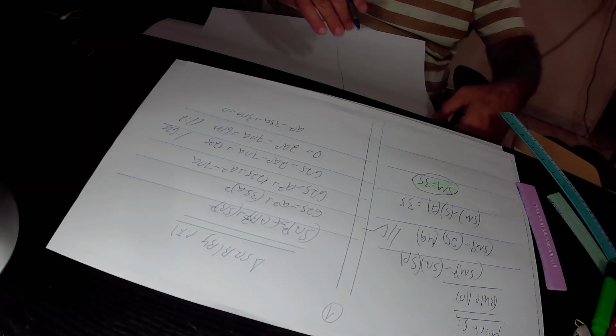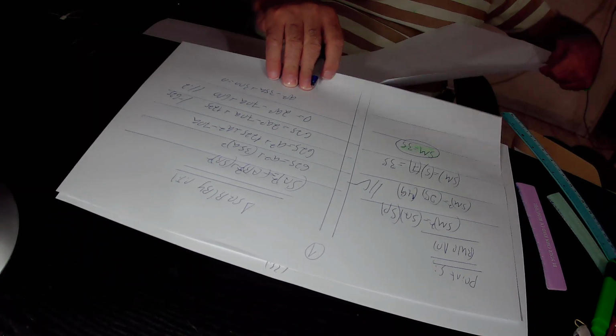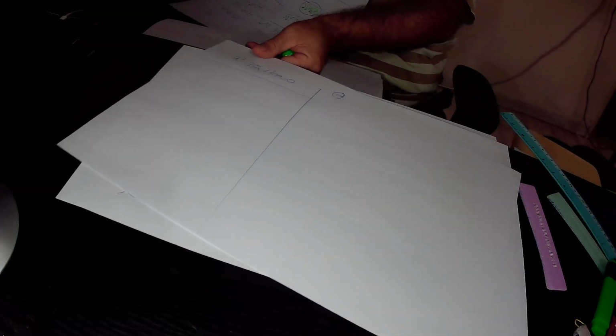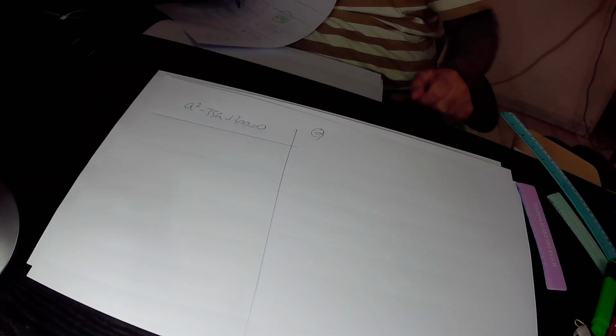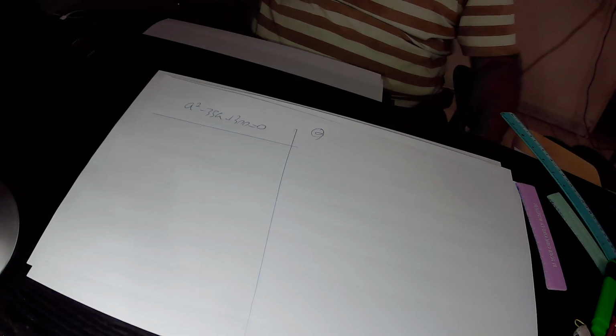Again, I should find out that a squared minus 35a plus 300 equals 0.